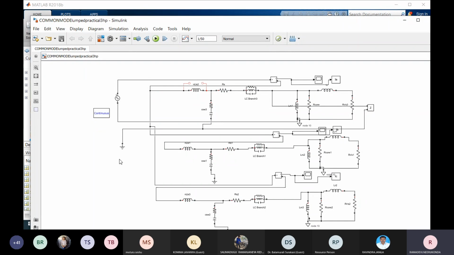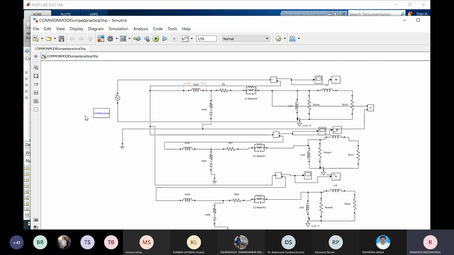So this is the ground terminal. One terminal is measuring the impedance as ground, and the other terminal of the impedance measurement is the tied terminals of these three. So that's why we connected here for measurement of the impedance.